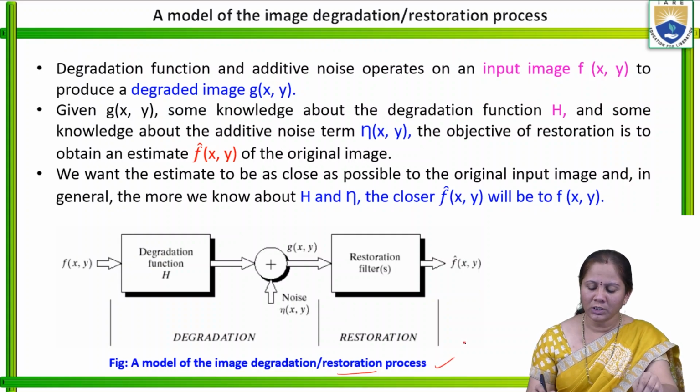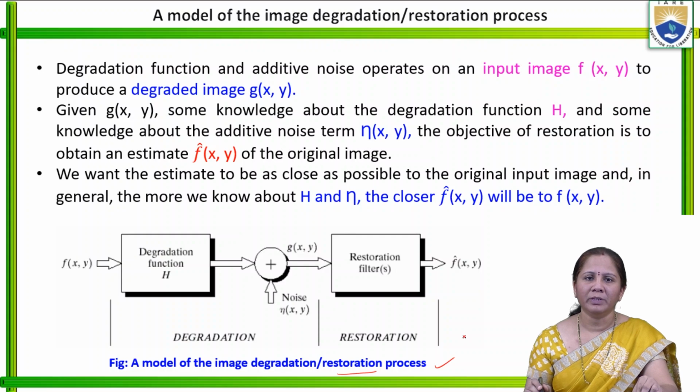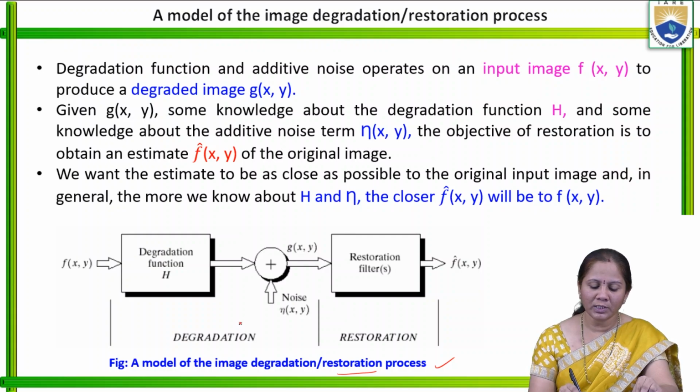We have already discussed this concept in the previous session, so let us have a brief idea about the image degradation and restoration process. This concept has two stages. The first stage is degradation and the second stage is restoration.